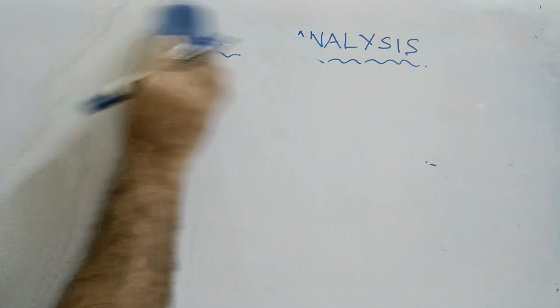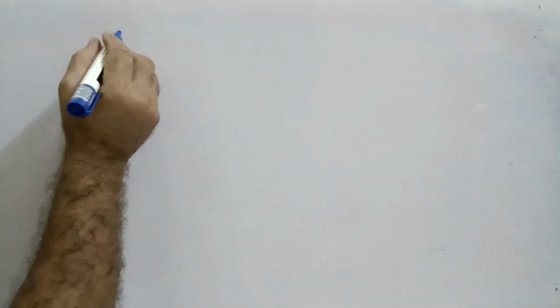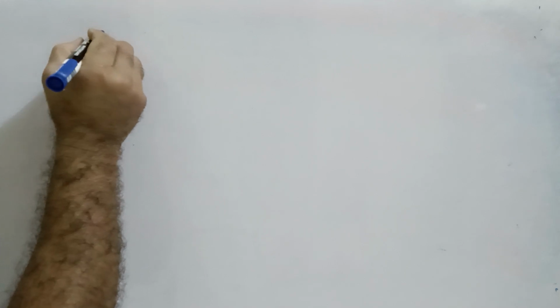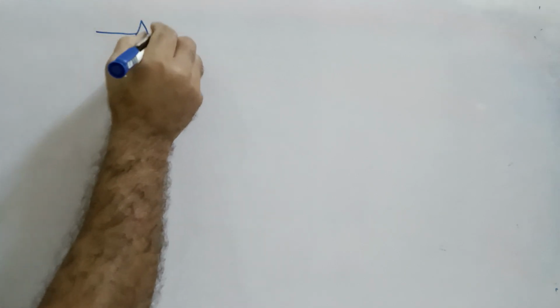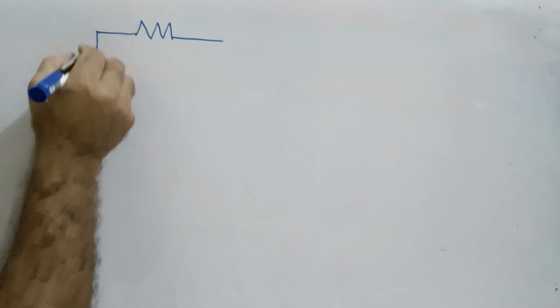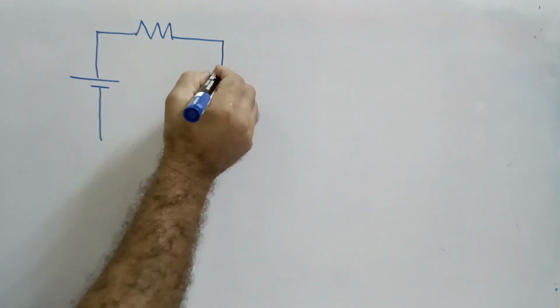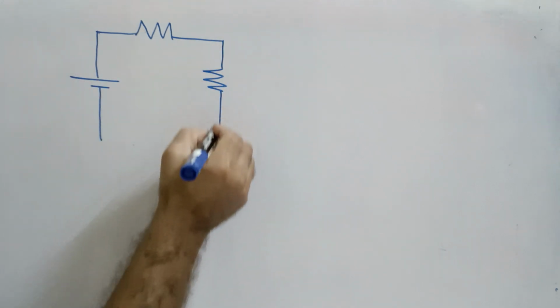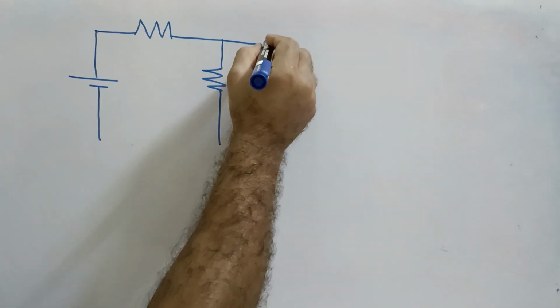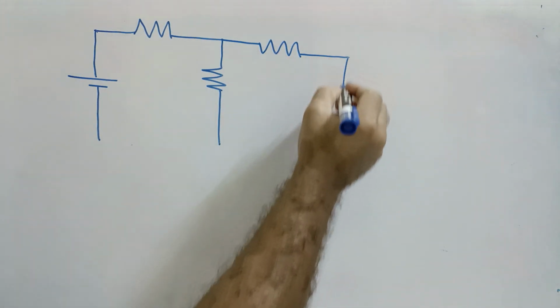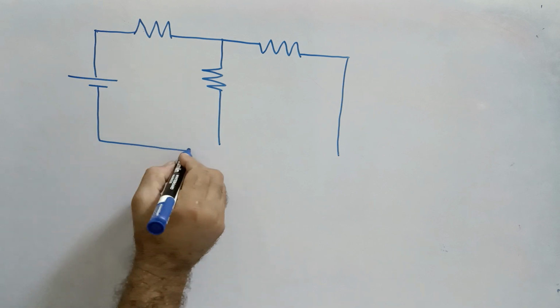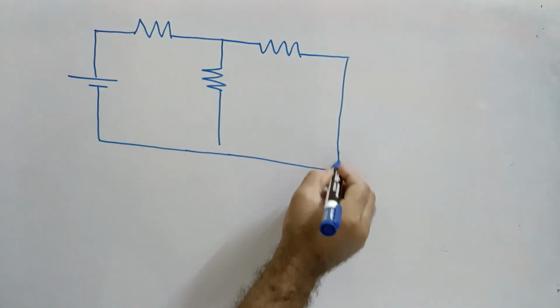To understand the concept of nodal analysis, let us take a simple circuit. How will nodal analysis be applied to this circuit? It has three different resistors and one voltage source.